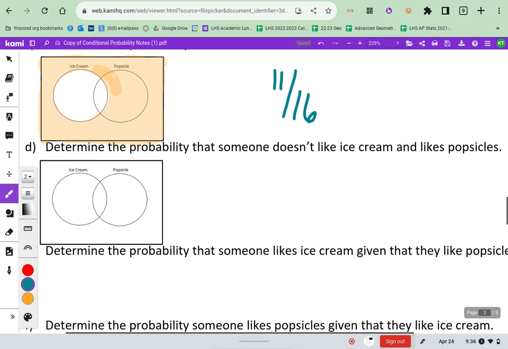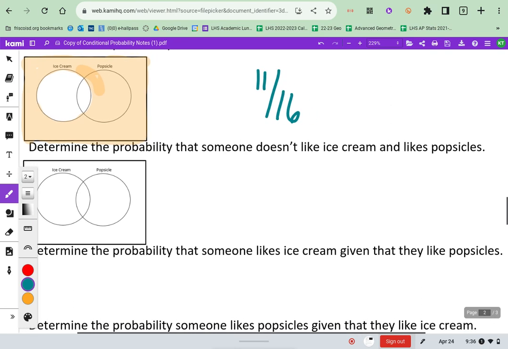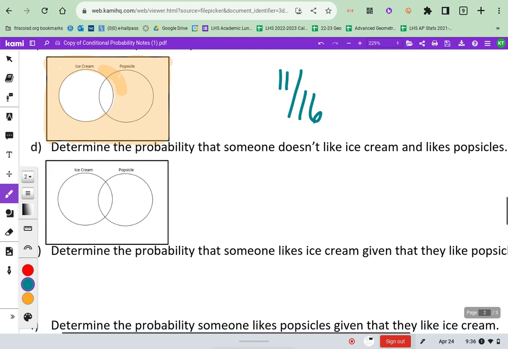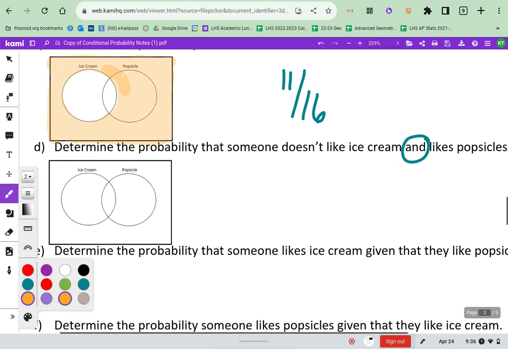All right, part D. Determine the probability that someone doesn't like ice cream and likes popsicles. Okay, so we got an "and" here. This one's a little bit trickier too. So doesn't like ice cream, that's going to be like we had before, and likes popsicles. So imagine, where does this overlap with liking popsicles?